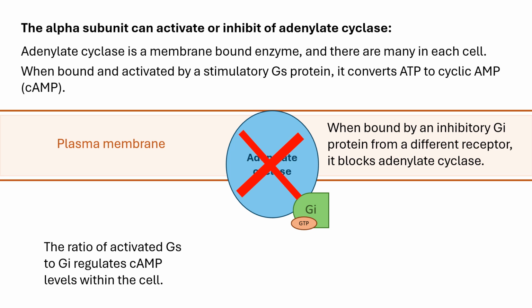We're going to get about 50% of the possible cyclic AMP. Depending, of course, if the Gs increase, we'll get more cyclic AMP. If the Gi increase, we're going to get less cyclic AMP within that single cell.